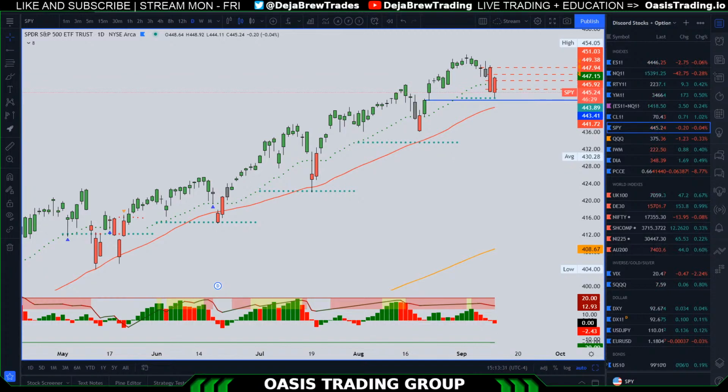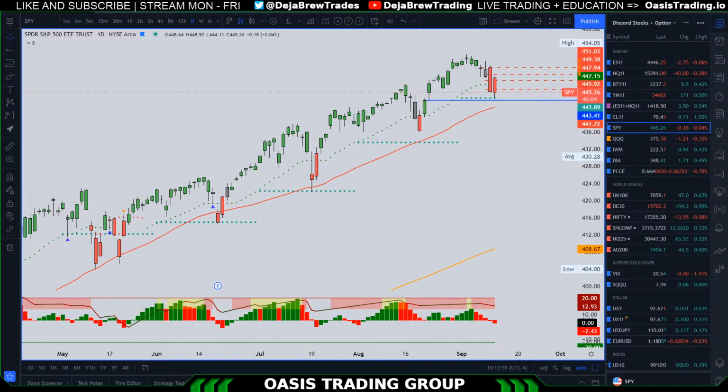Even if you buy the 442s and sell the 447s for October 15th, so about 30 days out, you're risking $300 to make about 180, which is not the greatest risk to reward there. That would be per spread, obviously.